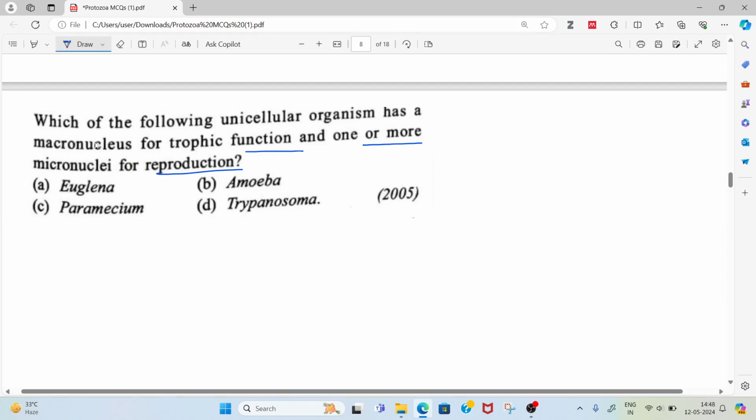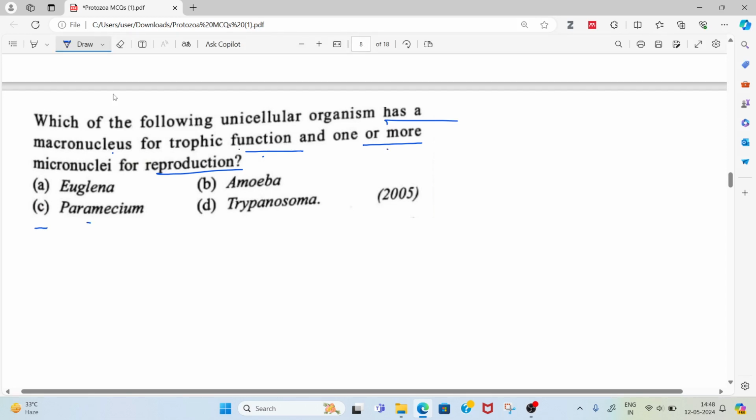So here, which of the following unicellular organisms has a macronucleus for trophic function and one or more micronuclei for reproduction?